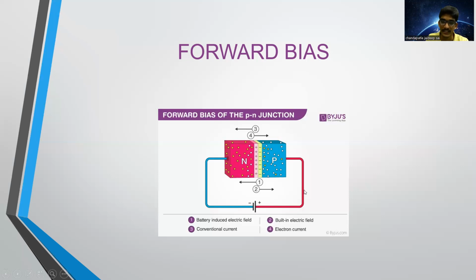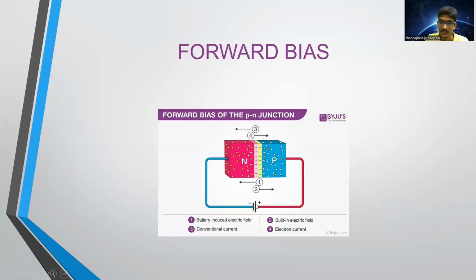Here also we can see the negative side of the voltage is connected to the negative side of the PN junction. So negative and negative terminals are connected. In this condition, we say that it's a forward bias.